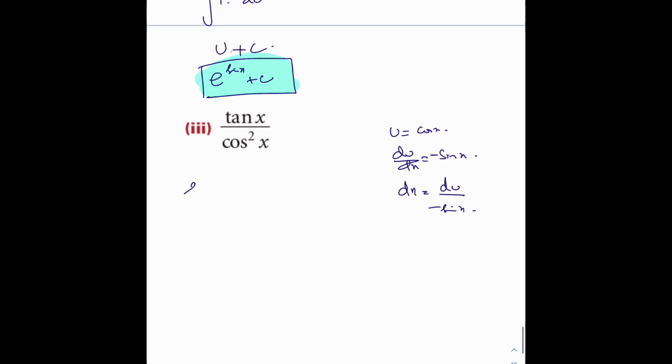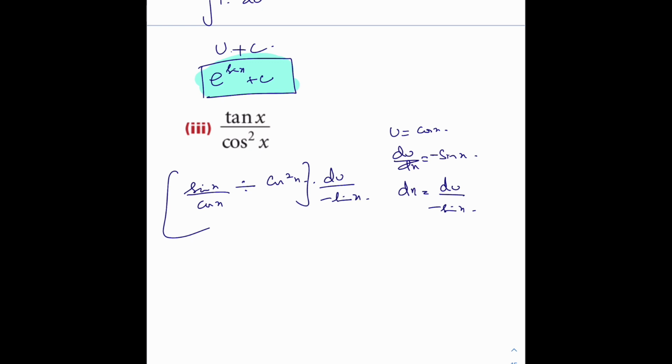I can write tan x as sin x upon cos x, divided by cos square x. So, okay, dx is du upon negative sin x.